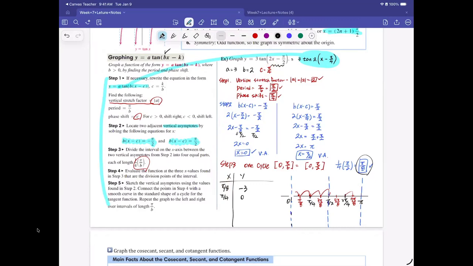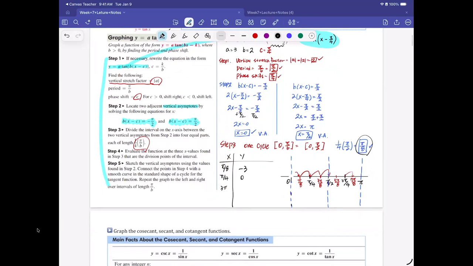And then 3 pi over 8 is going to be +3. So that's why the one graph is going to be like this. So this is pi over 8, comma, -3. And then this one is going to be 3 pi over 8, comma +3. Like that.